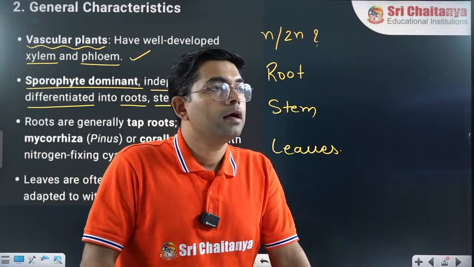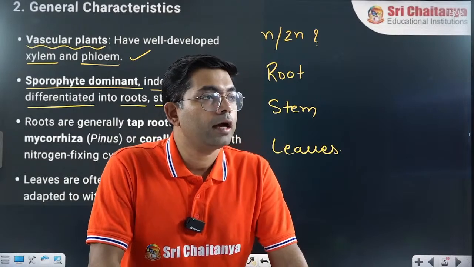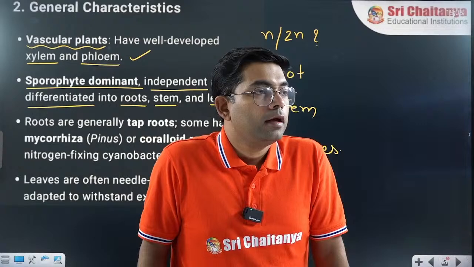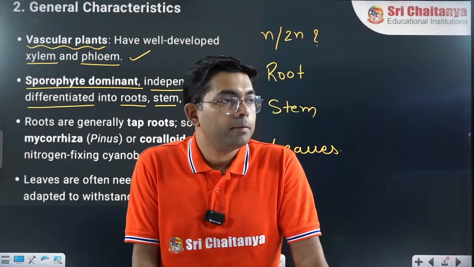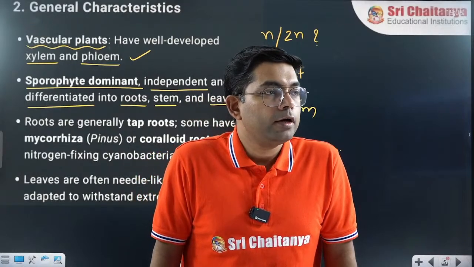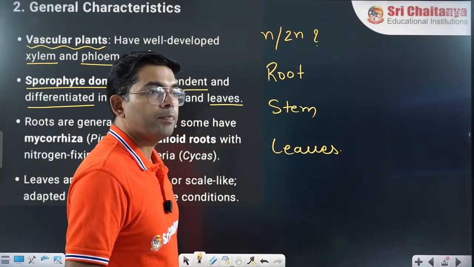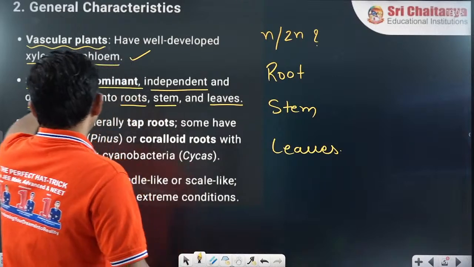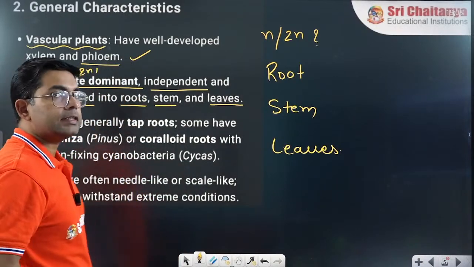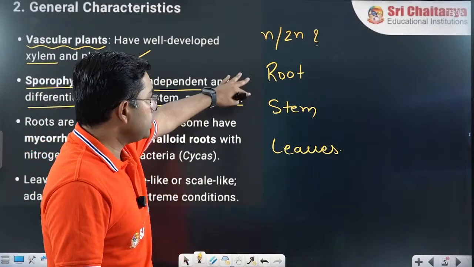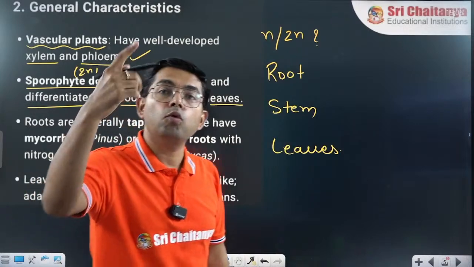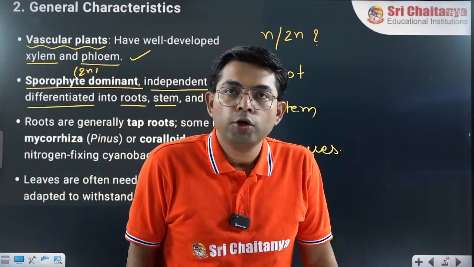Alia, Ravi Kumar, Punya, Ganesh, Lashya, very good. Divya, Ravindra, so all of you are answering 2n, very good. Lakshmi, Mahita, very good. So this sporophyte is 2n and gametophyte is n. Now, they have distinct root, stem and leaf, but they are more advanced as compared to pteridophyte.